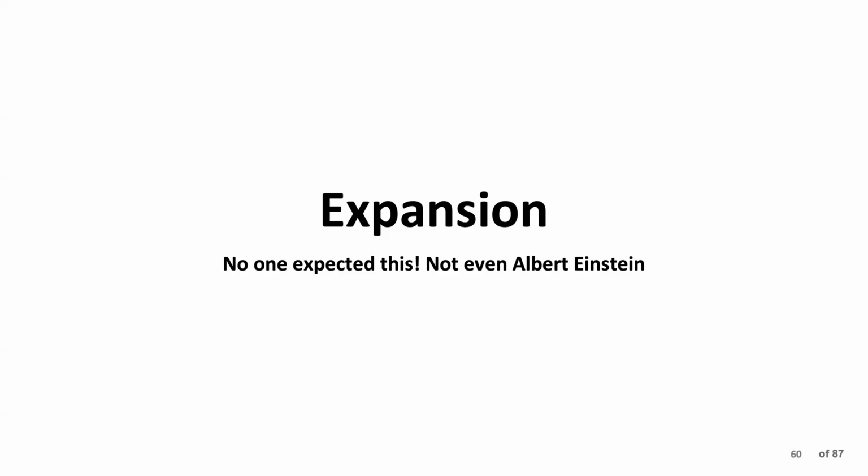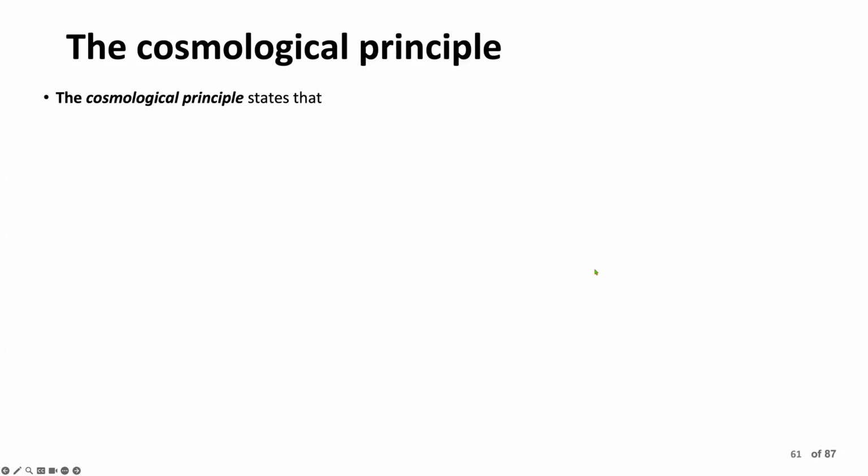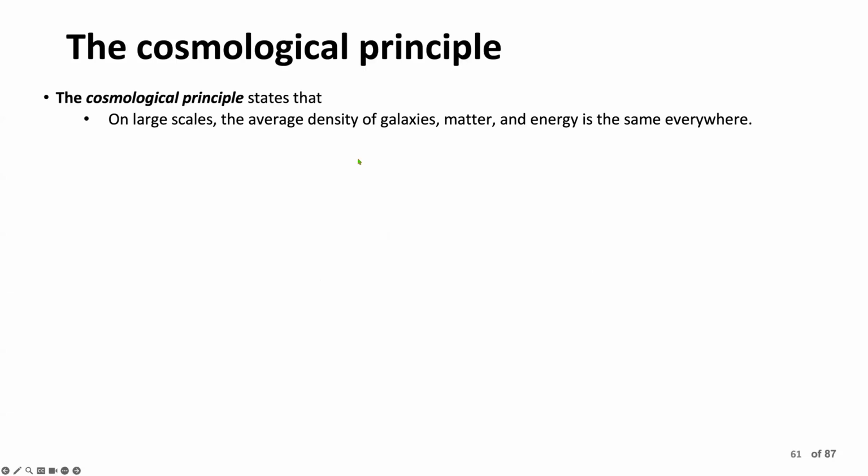And Hubble analyzed the data and produced the result that not even Einstein had imagined, and that is the universe is expanding. So we have the cosmological principle that says the average density of galaxies in the universe is the same everywhere. This is an unproven assertion, but it seems to work.